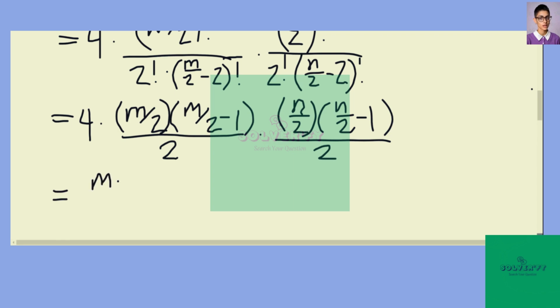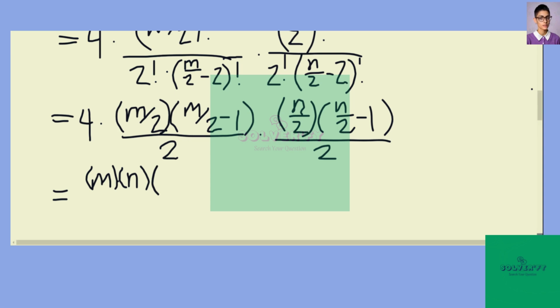And so this reduces to m times n times (m/2 minus 1) times (n/2 minus 1), over 2.